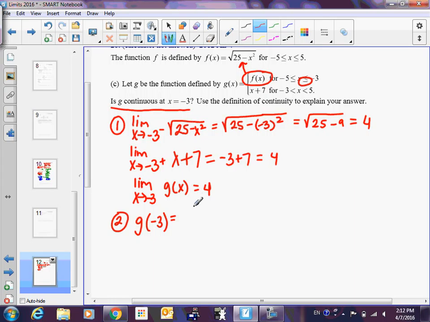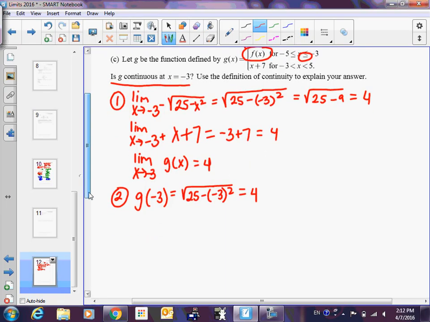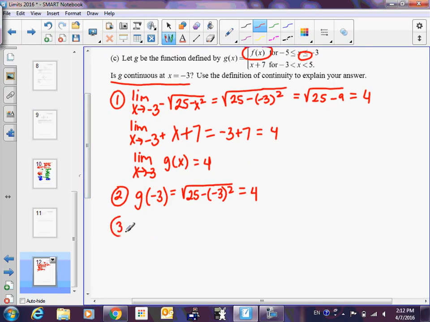Okay, so I already know that it equals this piece. If you didn't show all this work, that would be okay. As long as you're showing that g of -3 equals 4, you're good. And so the limit exists, the point exists. Now we need to say that those two things are the same.